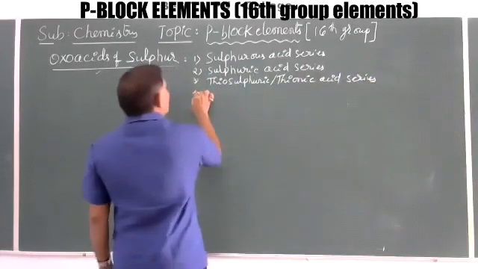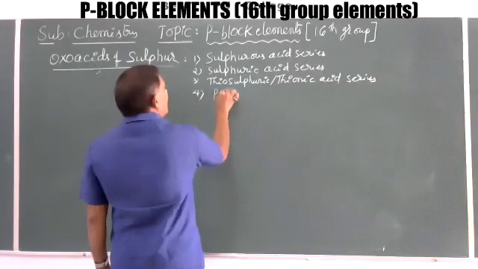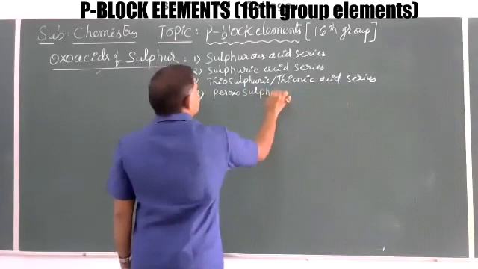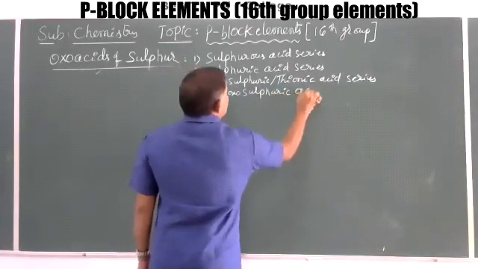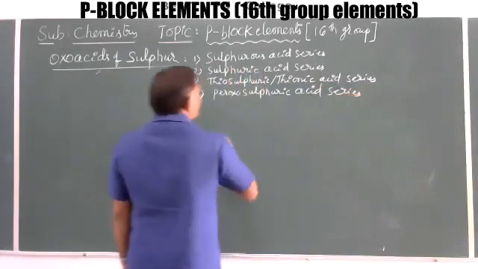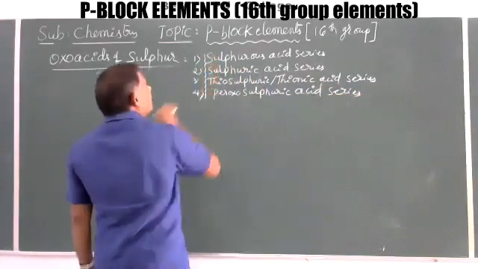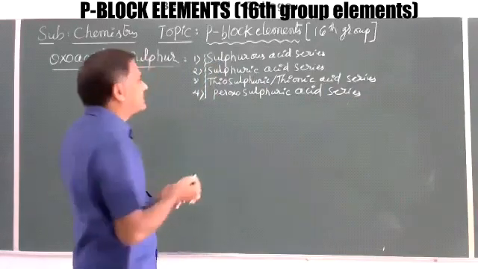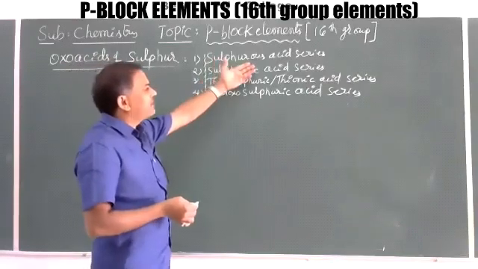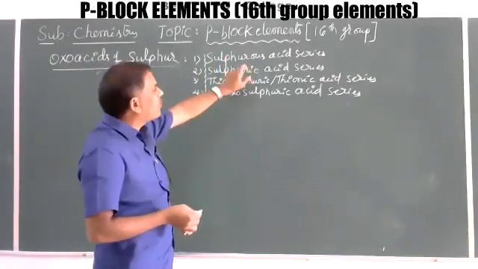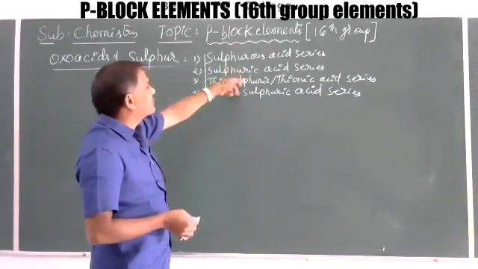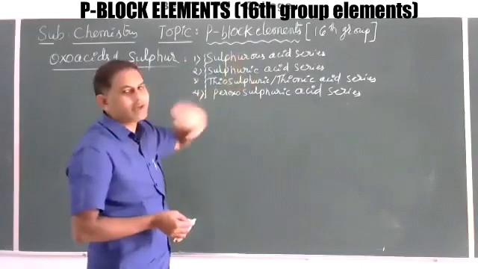Then fourth one is the peroxosulfuric acid series. So these are the four important series of oxoacids of sulfur, based on their oxidation state, their structure, and the combination between oxygen and hydrogen, oxygen and sulfur, and sulfur and sulfur.